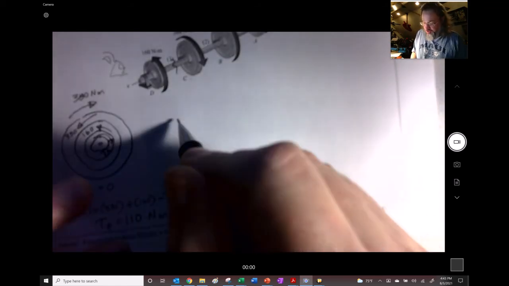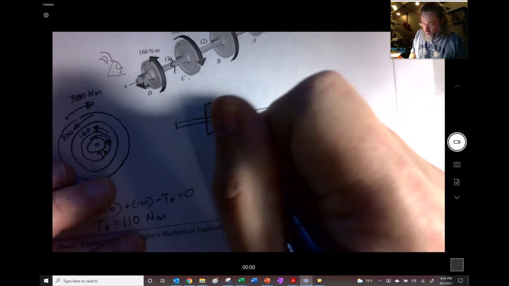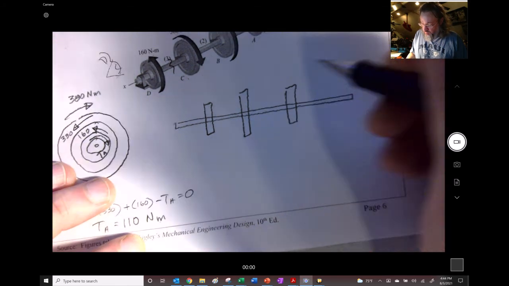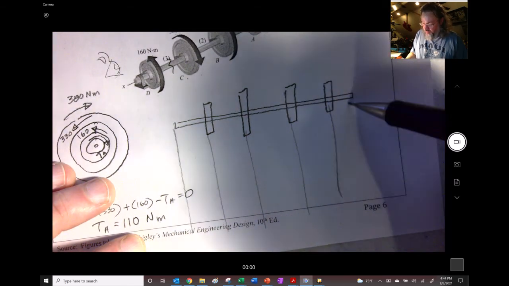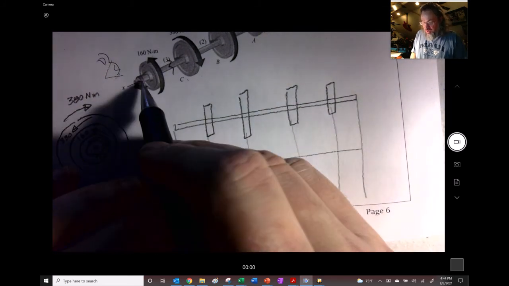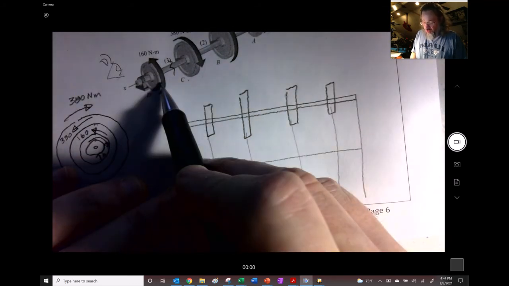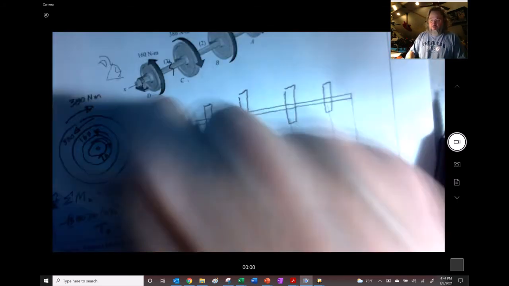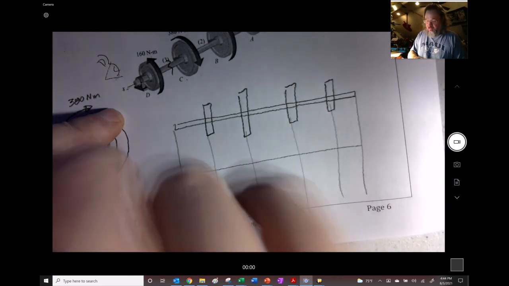If I was going to instead draw out and do that diagram method, I would do something along the lines of this right here. I would draw where my torque is going to be, and nothing happens. There's no torque in the shaft in between here. So this one, we'll say that it's counterclockwise. In terms of the right-hand rule, putting our thumb in the direction of the positive x-axis, it's moving along that way.